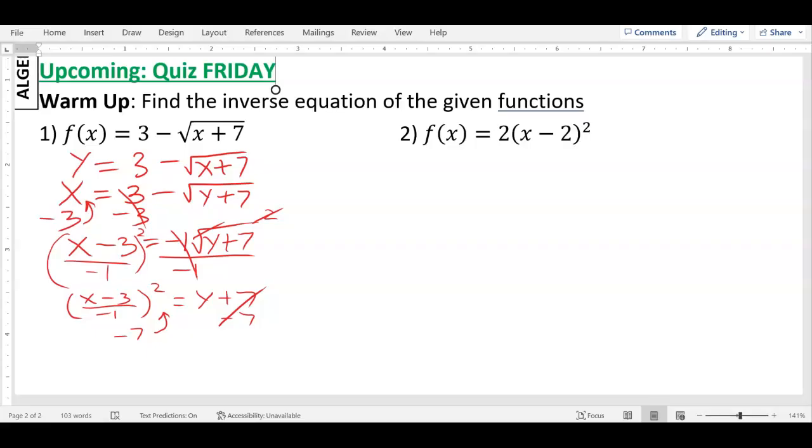And we'll cut to the final step. The final step is you have to write it as an inverse, f little negative 1 of x. So here's how we write it. F inverse of x equals x minus 3 over negative 1 squared minus 7.